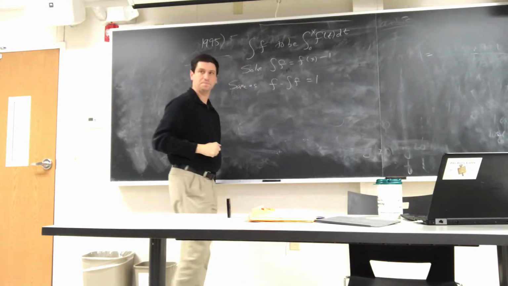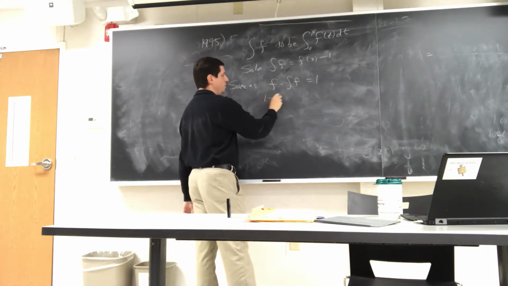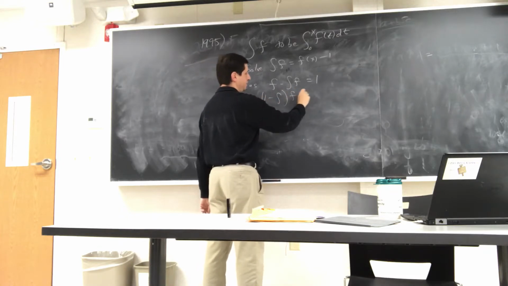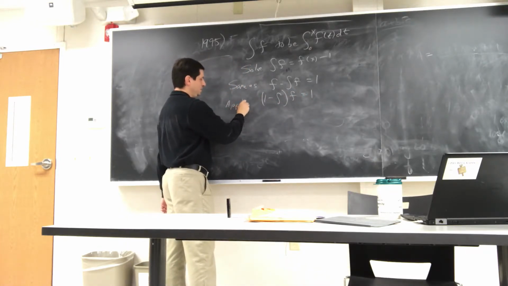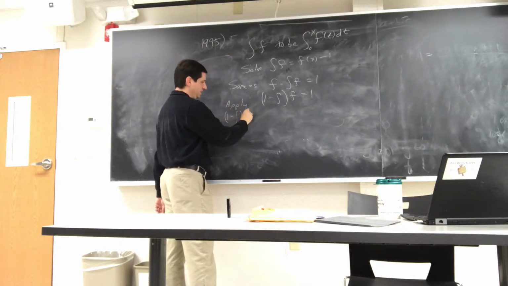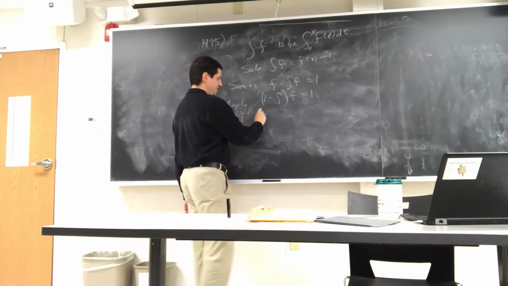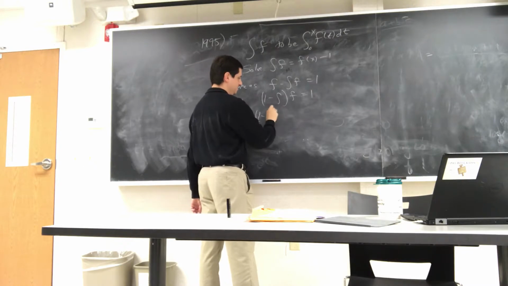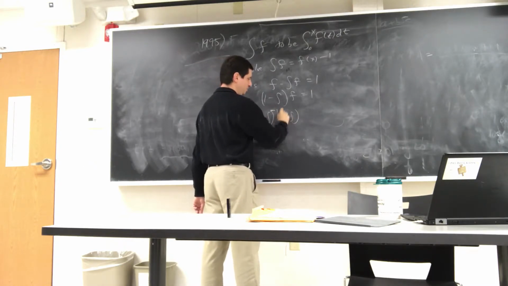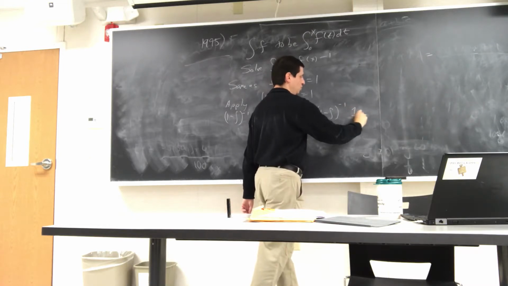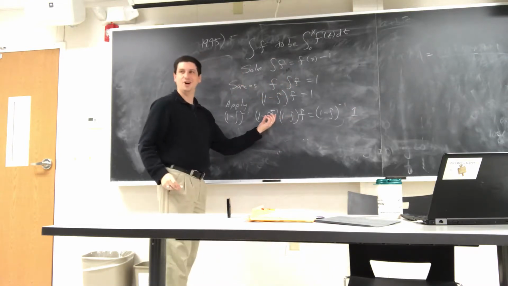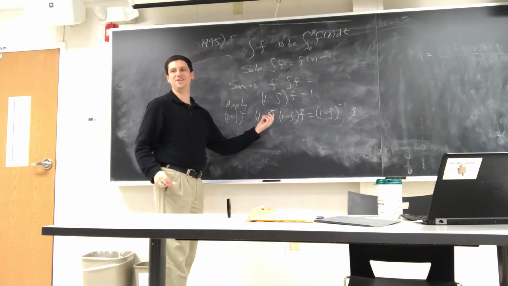This is the same as 1 minus the integral acting on f equals 1. Now we apply the operator (1 minus integral) inverse to both sides. We get (1 minus integral) inverse acting on (1 minus integral) acting on f is (1 minus integral) inverse acting on 1. We haven't even reached the divine inspiration yet.